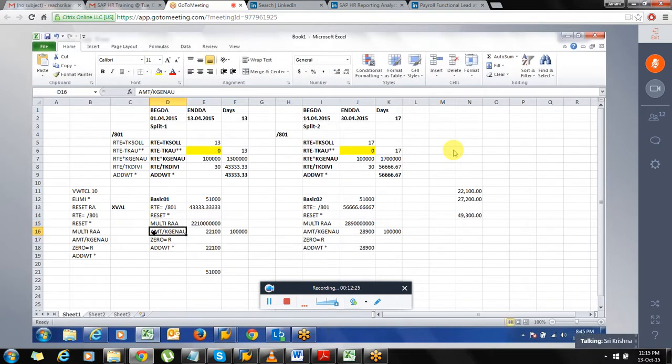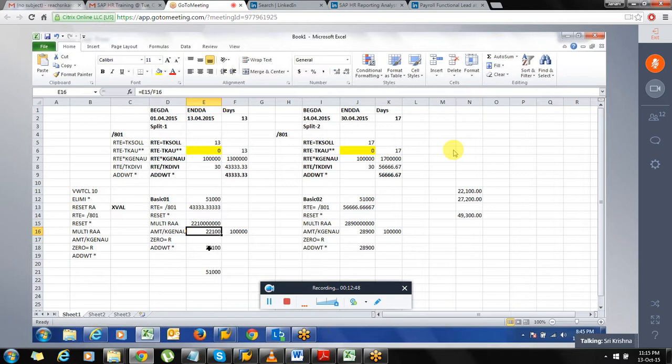Everything we used rate is equal to here, because we pushed it into amount. I am telling amount divided by this K, GEAU, which is the constant from the 511K table. If you go to the 511K table, there is a 1 lakh stored in that particular constant table, right? So we are getting this much of a number.